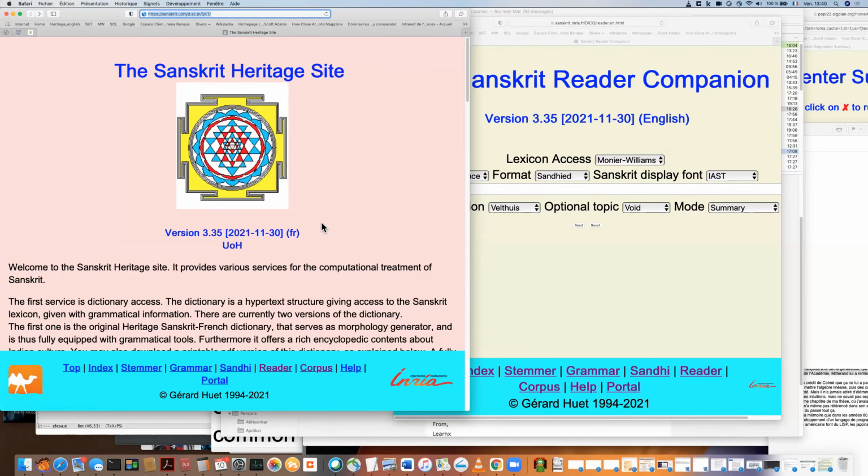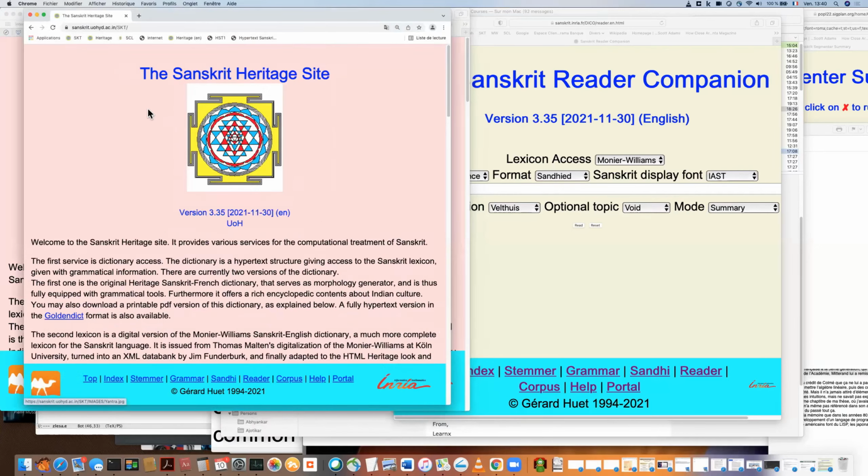Why? Because it was initiated to the French settings so that you would have lexicon access to my dictionary, not to the English one. So this was up until about 1 hour ago when I signaled the problem to Madam. And now she has reinstalled the Sanskrit Heritage site, and hopefully it will lead to the English meaning.